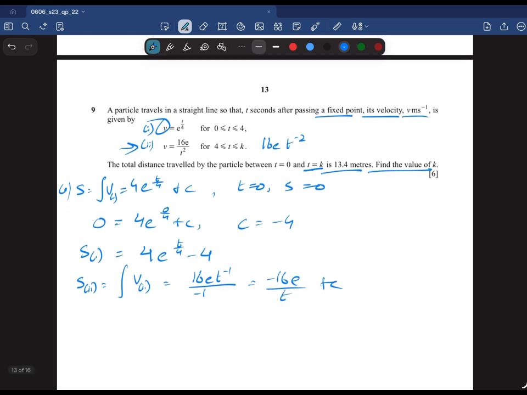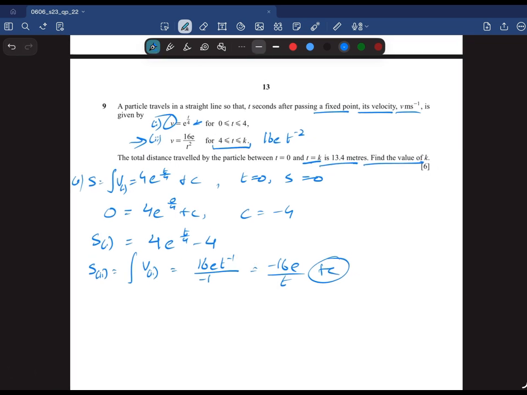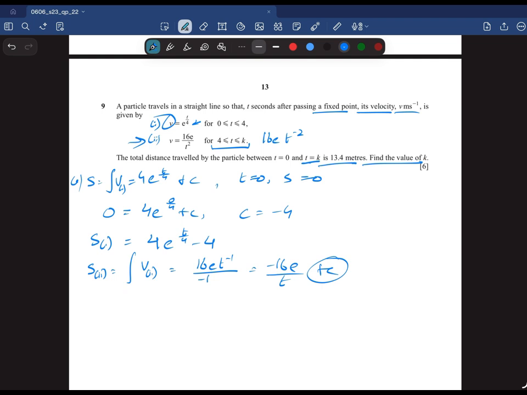Now for this range, we can use this equation to help us find the value of c. Why? Because 4 is included in both the ranges. Hence, at t is equal to 4, the displacement would be, let's use this equation, my bad, this equation, 4e to the t upon 4 is 1, minus 4 will be equal to 4e minus 4.